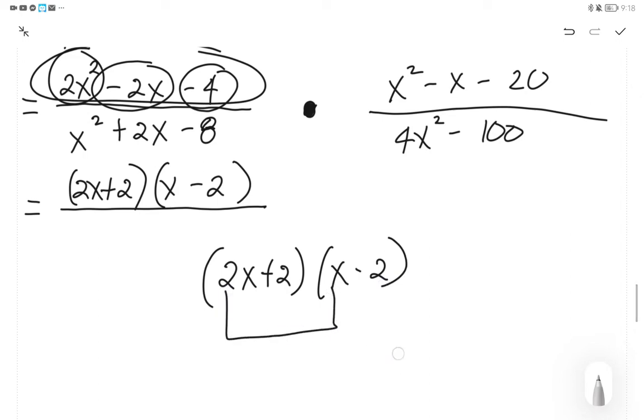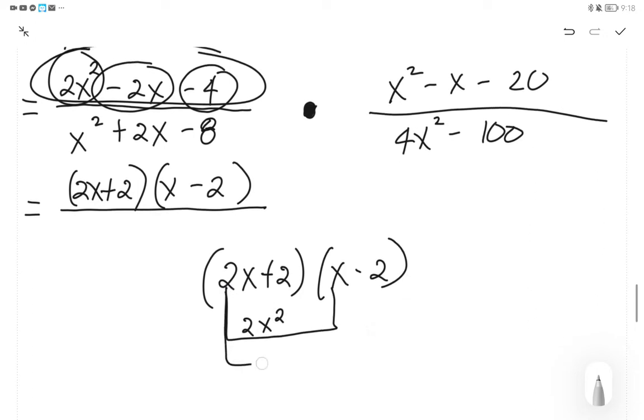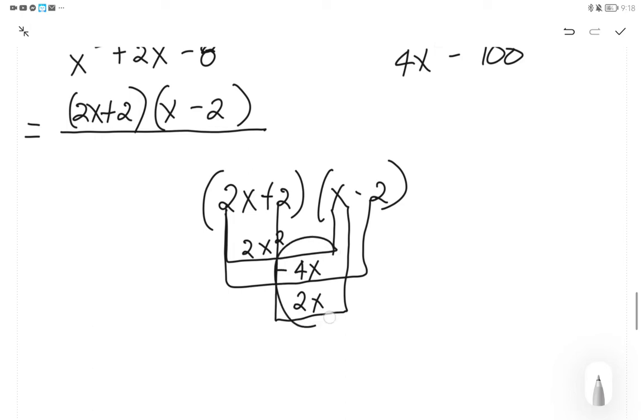First terms, 2x times x, that is 2x squared. Outer terms, negative 2 times 2x, that is negative 4x. Inner terms, that is positive 2 and x, that is positive 2x. We combine this one, mahimo siyang subtraction. Why? Because positive si 2, negative si 4. Different signs, subtract, that becomes 4 minus 2, that is 2x.